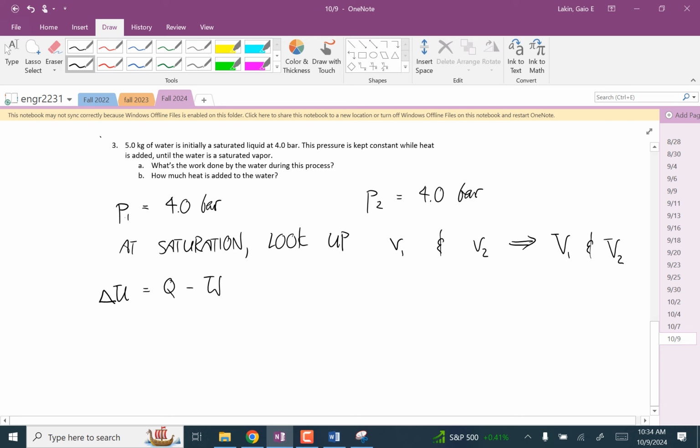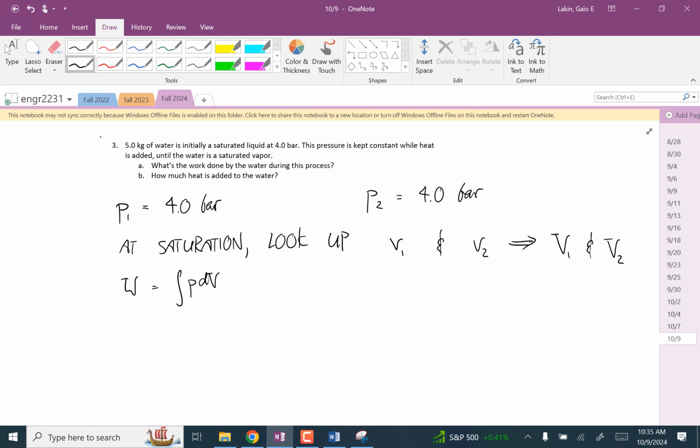Okay, and now you have a constant pressure and you can just calculate that work. Then once you have the work, you can go to the first law. And then you would need to do what I said to figure out what Q was. So then I guess you can look up the specific internal energies, calculate the change in internal energy, and then do some algebra to figure it out. Yeah, right, from the first law. Okay. Yeah, that's right.